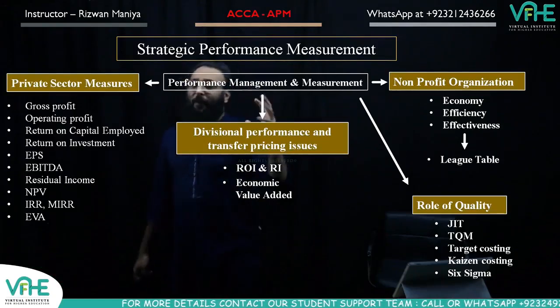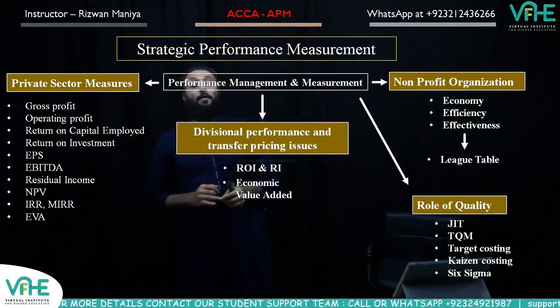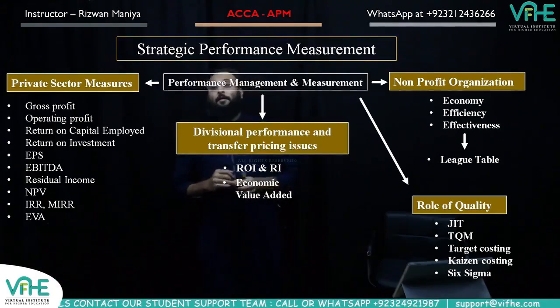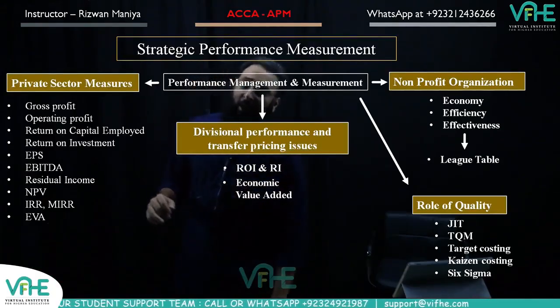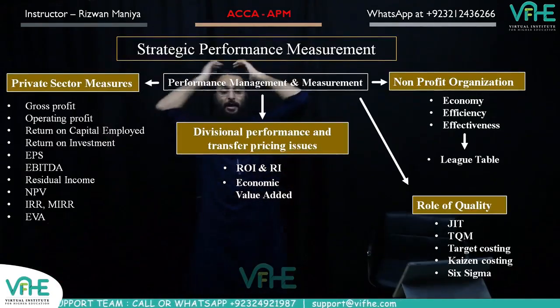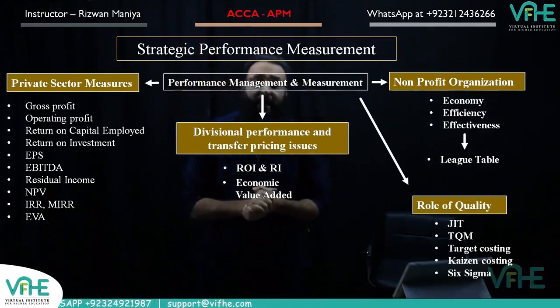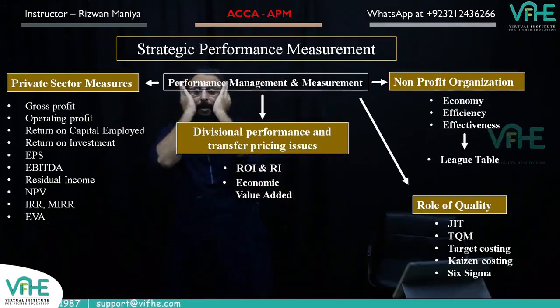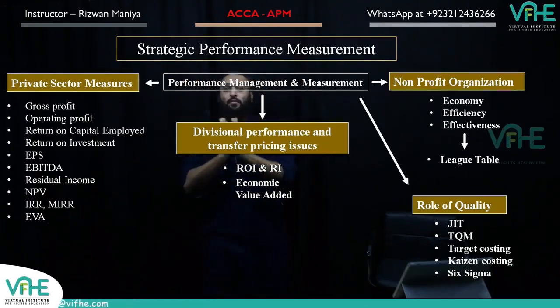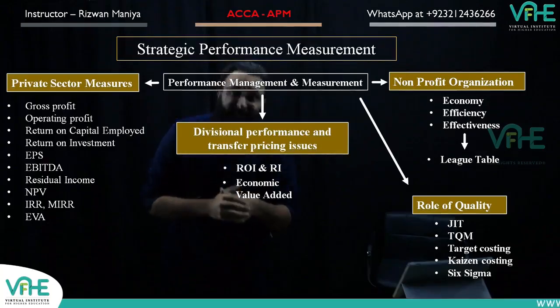From a performance management and measurement perspective, it is important for you to understand as a consultant that any business that uses JIT needs to have a good performance measurement system in place. Like for example, the KPIs. You must know the KPIs useful in case of JIT, like lead time.